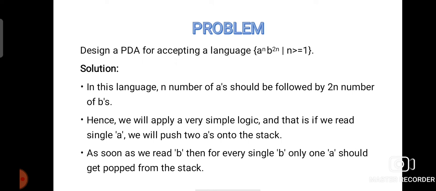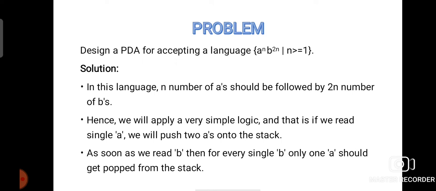Then after that, if we read B, for every single B, one A will be popped off from the stack. So whenever we receive the input symbol A, 2 A's will be pushed onto the stack, and whenever we receive B symbols, all the A's available in the stack will be removed, and finally the stack consists of only Z.